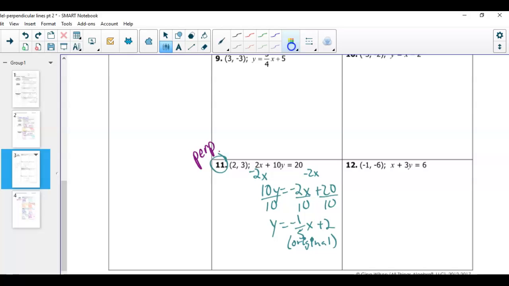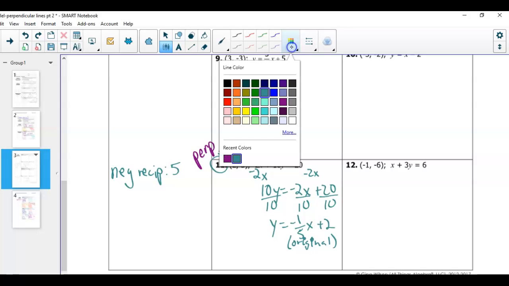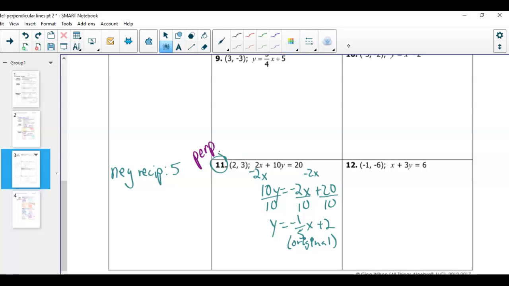From there, I have to find my negative reciprocal slope. So it was -1/5, so if I flip that and take out the negative, it would be positive 5. And then from there, I need to take my new slope and my ordered pair and find my new y-intercept.